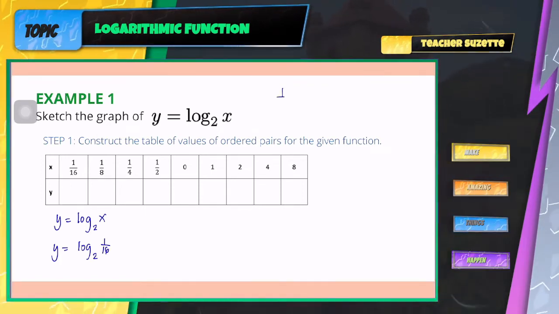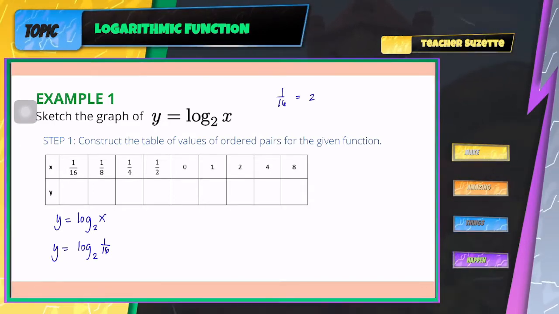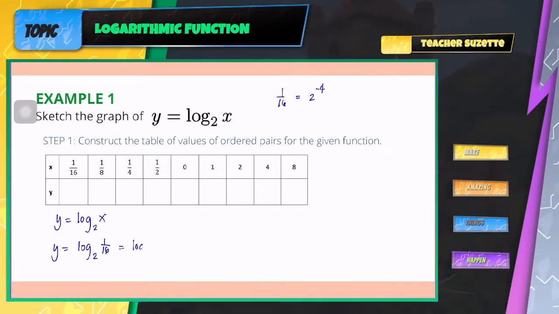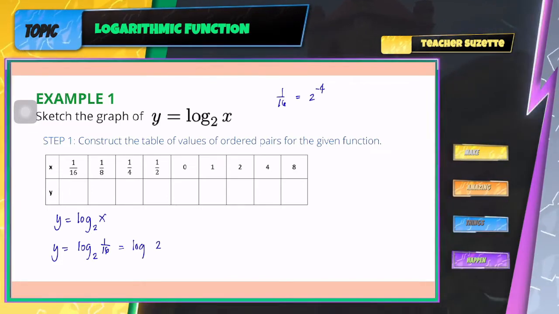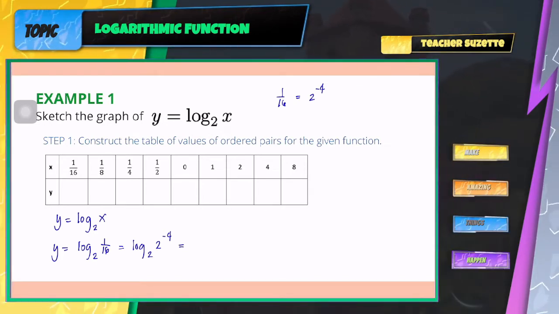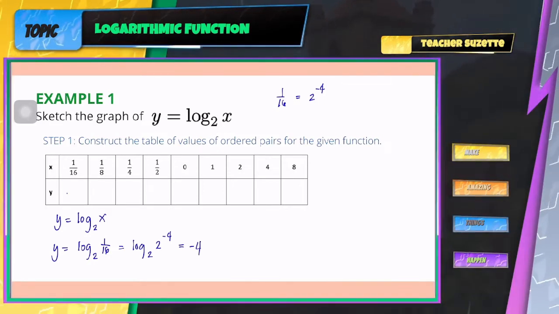And 1 over 16 can be expressed as 2 raised to negative 4. So we have the logarithm of 2 raised to negative 4 base 2. And using the property of logarithm, we will have negative 4 as our y.